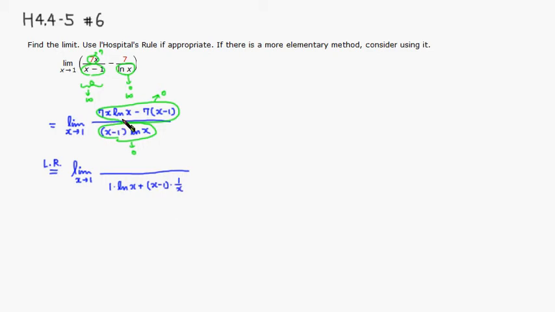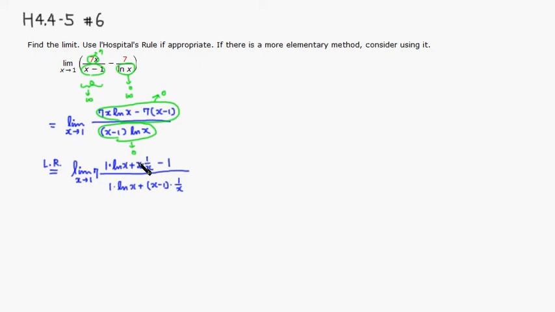Then here you have to take the derivative of the numerator. I'm going to pull out the 7. The derivative of the first is 1 times the second, natural log of x, plus x times the derivative of natural log of x, which is 1 over x. And the derivative of the last term is just negative 1.